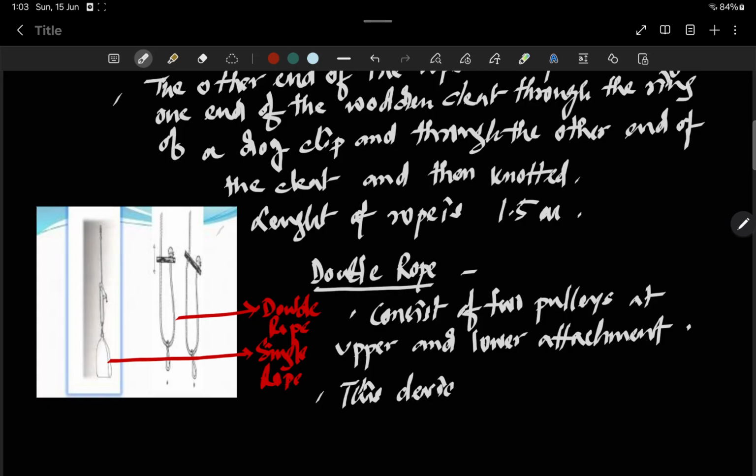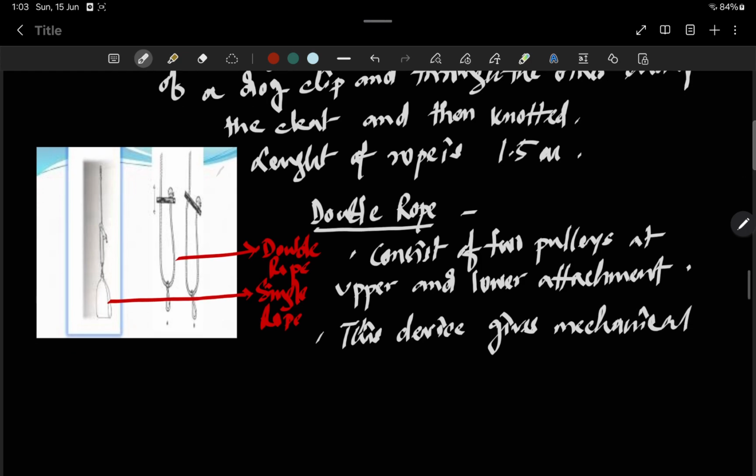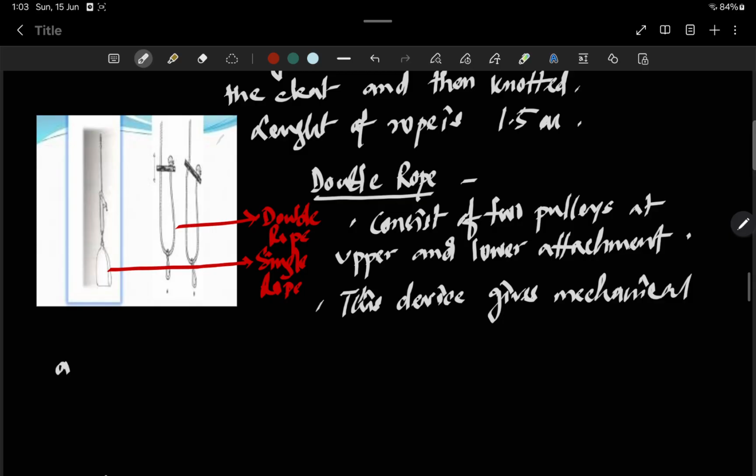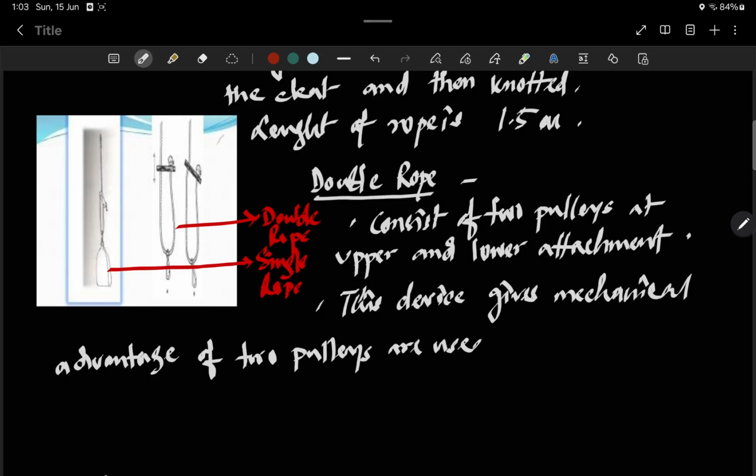This device gives mechanical advantage as two pulleys are used.